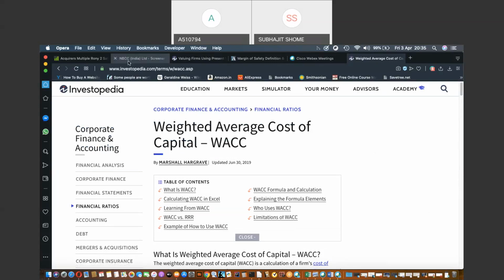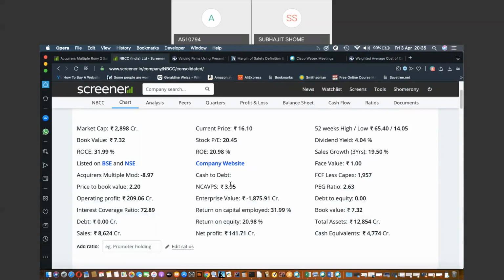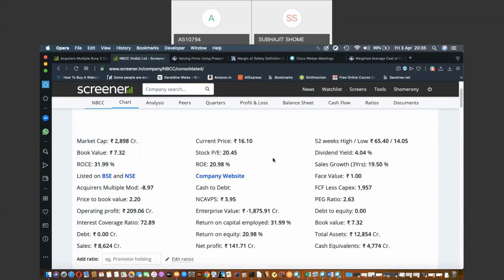Okay, so kindly note down these inputs. Market cap is 2898. Debt is 0.